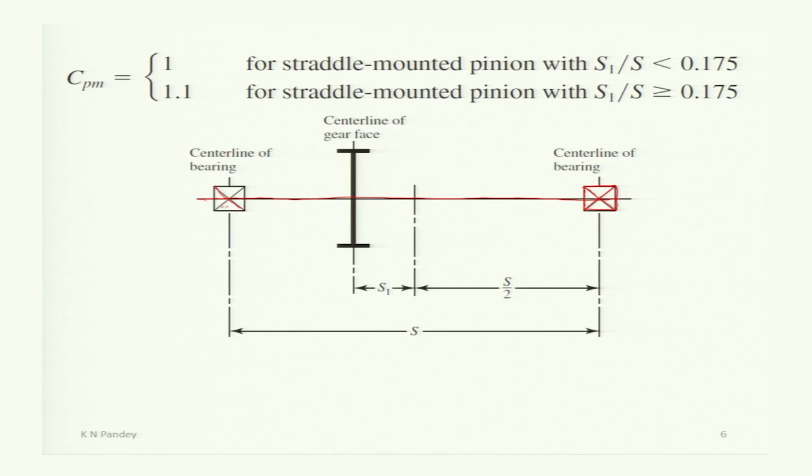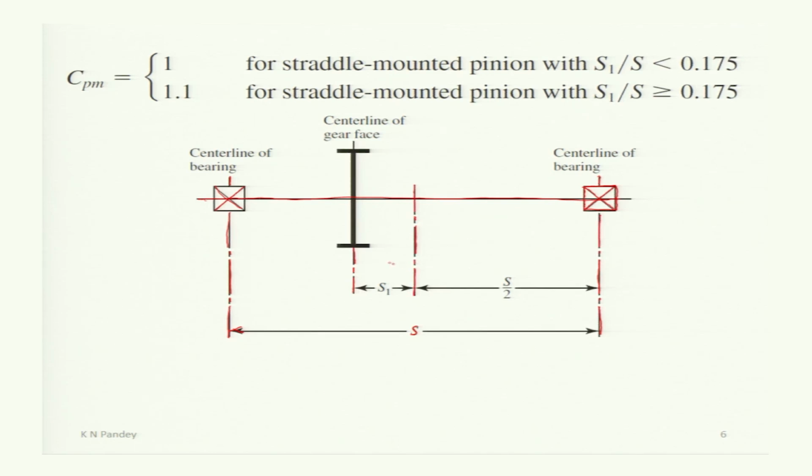The center line of the bearing is given by this center line, and the distance between the bearings is capital S. Now, a gear is mounted on this shaft with center line of face of the gear given by this center line, and the mid span of this shaft is represented by this center line. This is the mid span.